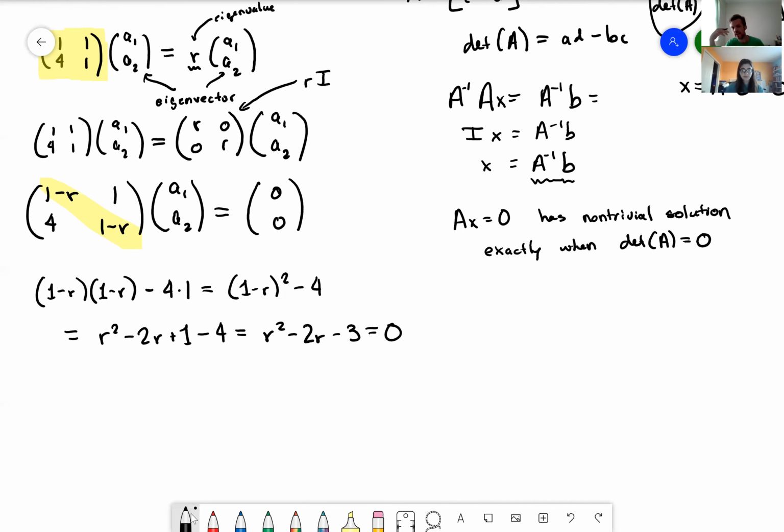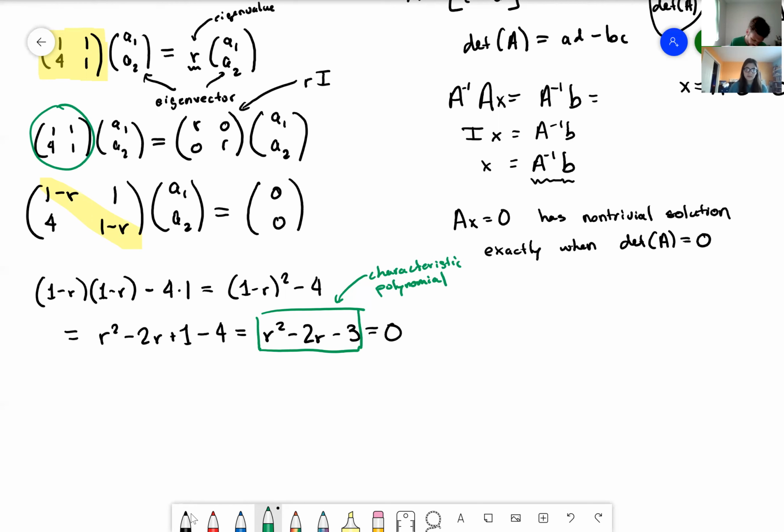Now, just like in the second order linear ODEs, when we had the characteristic polynomial, again we have our characteristic polynomial here. Either we could say it's the characteristic polynomial of this matrix, which in fact we do say, or we could say it's the characteristic polynomial of that system of equations.